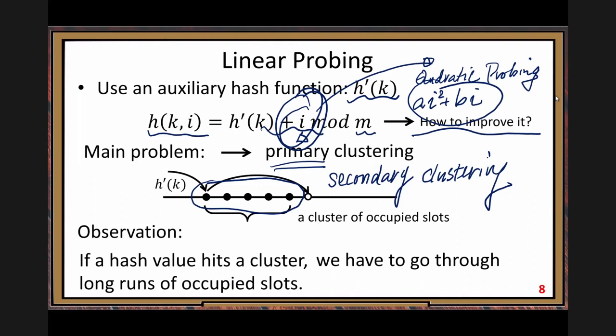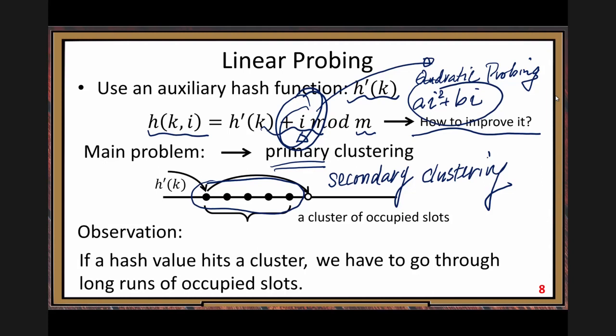Primary clustering, you can see the cluster easily with your eyes, because this group of slots is occupied. The secondary clustering is not easy to see, but you will hit a weaker cluster.